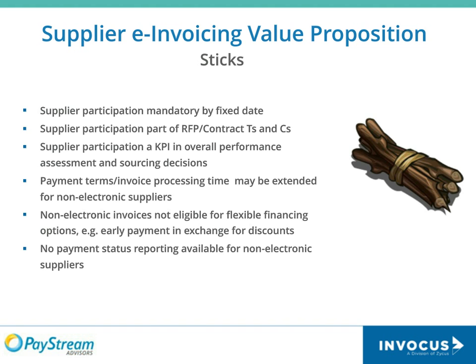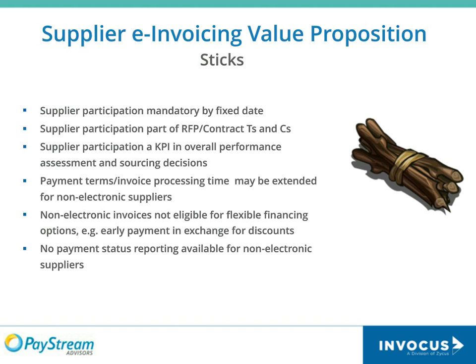A little bit less directive, but also effective oftentimes, is the idea that while it may not be an absolute requirement as part of the business relationship, it will advantage those suppliers and by definition disadvantage those suppliers that don't actually participate when you make clear to those suppliers that their ability to collaborate with you electronically will be one of those key performance indicators that gets measured in your overall scorecard of supplier performance, along with a variety of other factors that may include quality, delivery, cost, on-time performance.